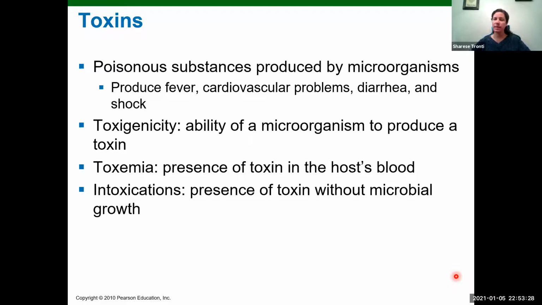This can happen if you have microbes that produce a toxin, say in your food, and then you cook the food, so you kill all the microbes. When you eat the food, you're not getting infected with microbes, but those toxins are still in the food. Those toxins weren't neutralized, and so you still have the symptoms as if you had the infection, because those toxins are still active.